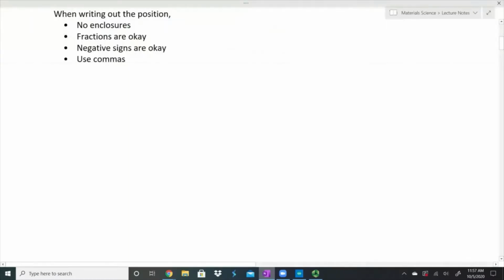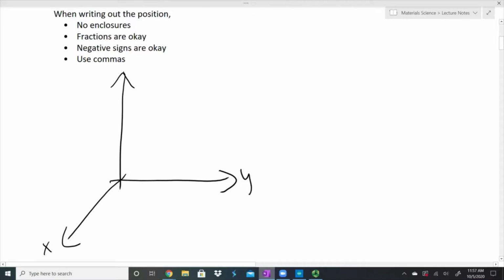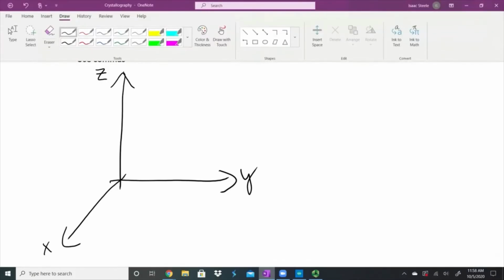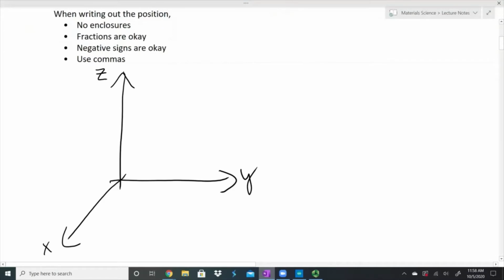So first thing I'm going to do is draw a coordinate system where we have X, Y, and Z. The next thing I'm going to do is, on this coordinate system, draw a unit cell.